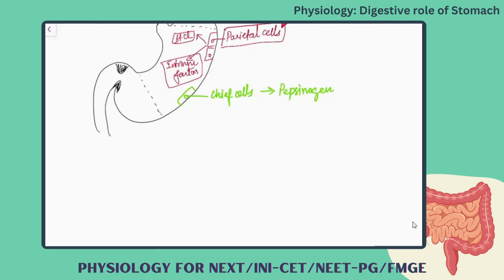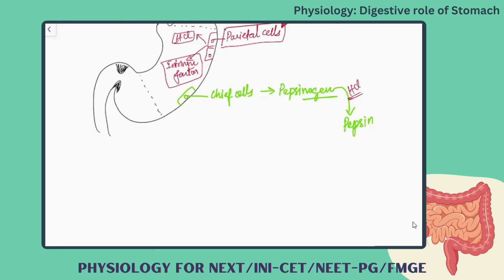But this pepsinogen is an inactive form. It has to be converted into pepsin. How? That takes place in the presence of HCl. The pepsinogen acts with the HCl, which is also present in the stomach, and is converted into its active form.